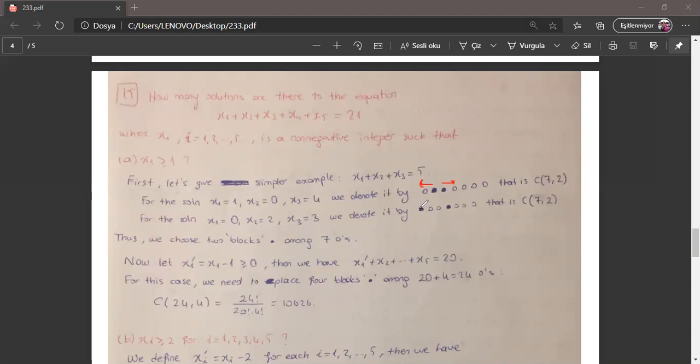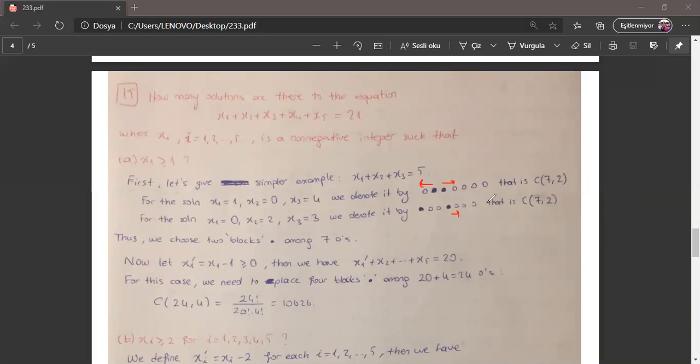So first we have the block here, so we have 0 as x1, and between these 2 blocks we have 2 empty dots, so we get 2 for x2. And on the right, we have 3.